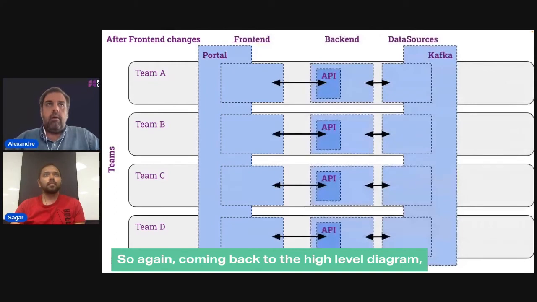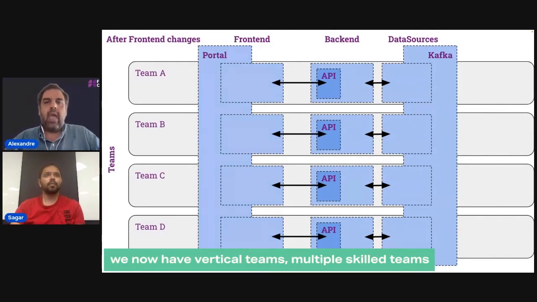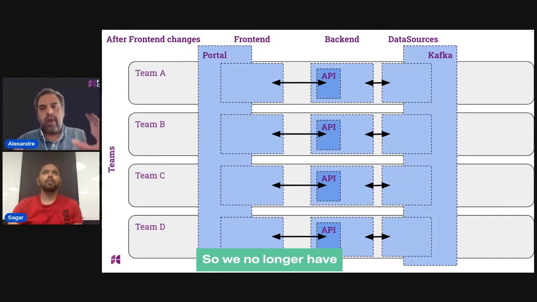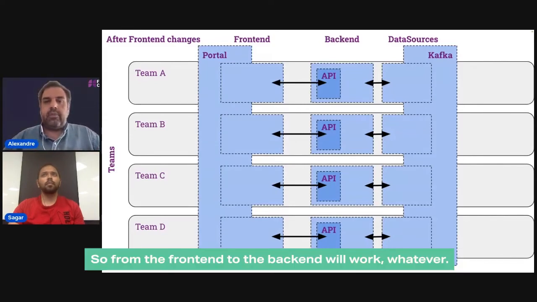So again, coming back to the high-level diagram, we now have vertical teams, multiple skilled teams that fully own a subdomain. So we no longer have front-end teams and back-end teams. We now have one team that owns the whole subdomain, from the front-end to the back-end, middleware, whatever.